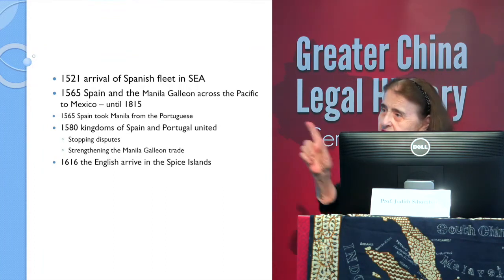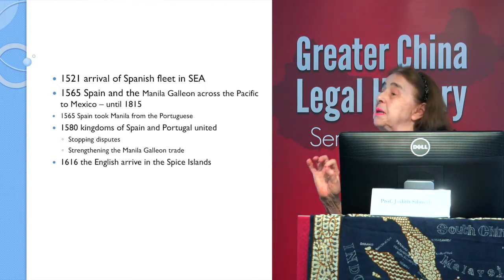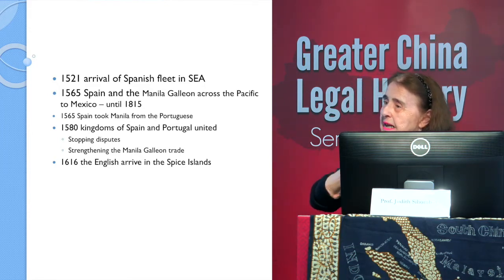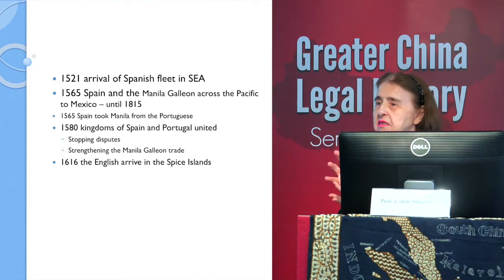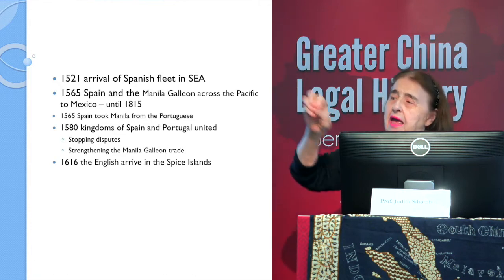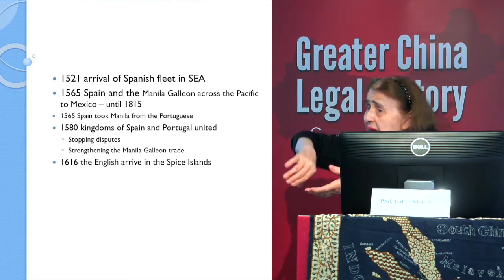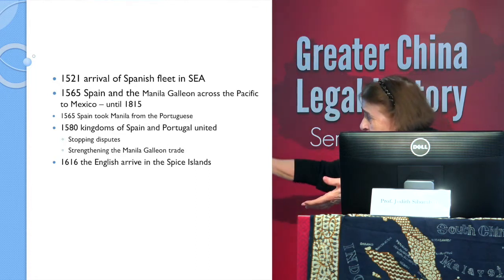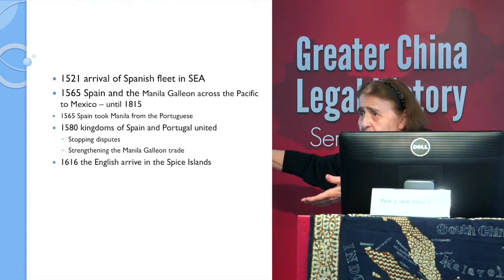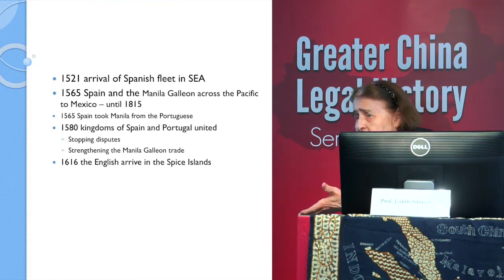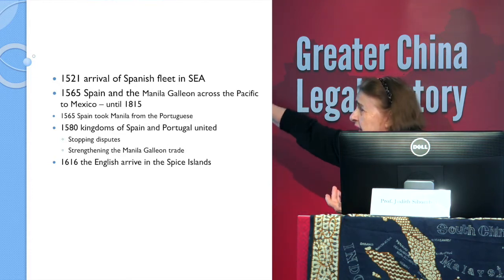The most interesting part of all of this, the Manila Galleon. Ships that sailed from Manila full of goods from Southeast Asia, from Japan, from China, taken across, very hazardous, right down past California into Mexico, then the goods down to South America, into the Americas, and then to Europe.